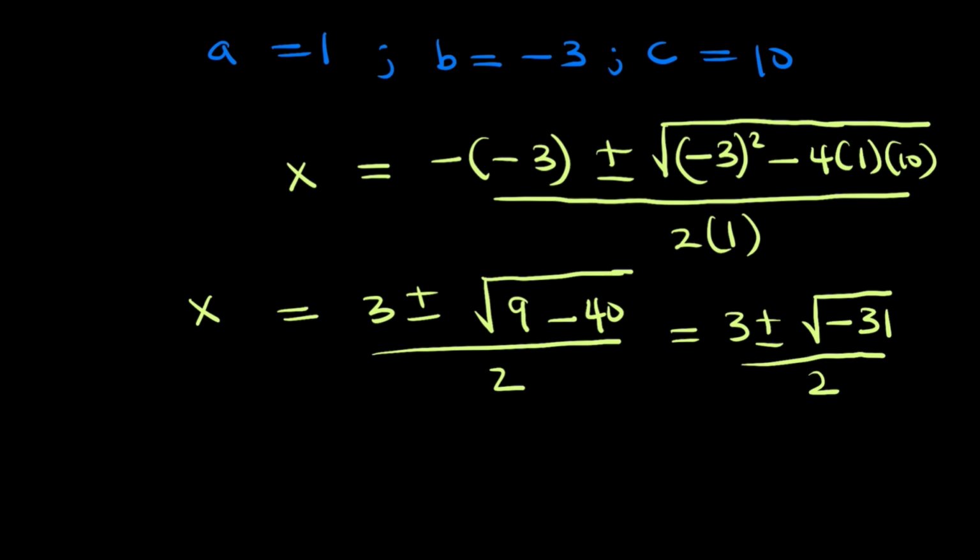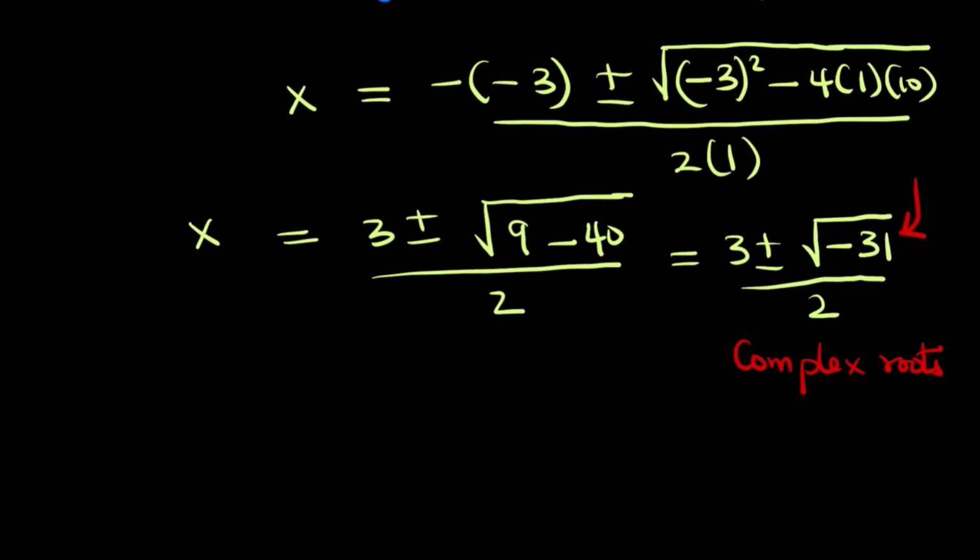So because we have a negative under this radical, this would produce complex roots. And for that reason, we are going to leave this solution. They are actually solutions, but they are not real. So if we actually separate them, you get something like x1 is equal to 3 plus square root of -31 under this radical.